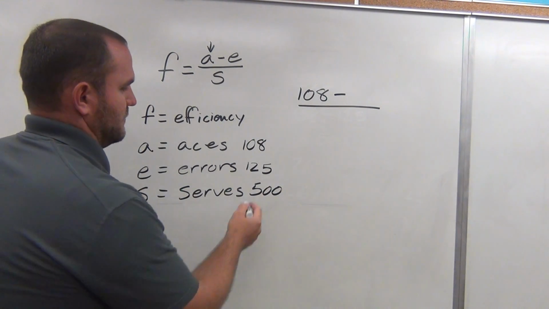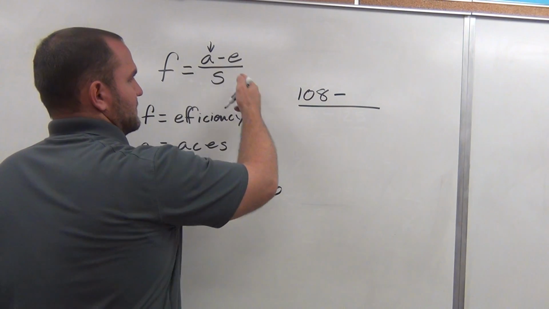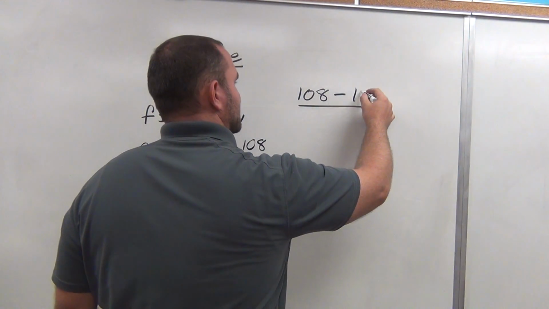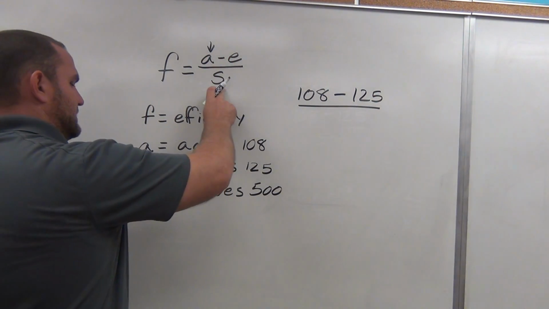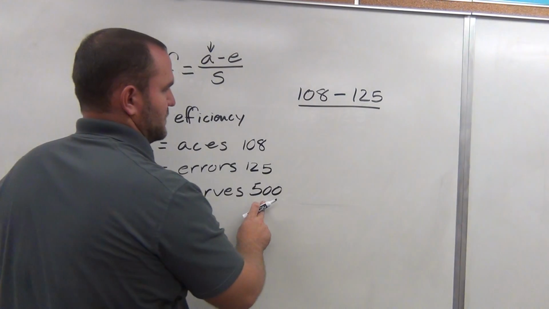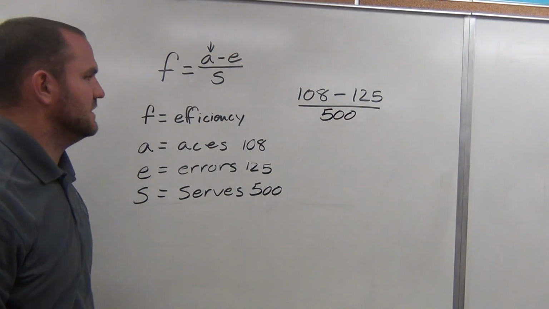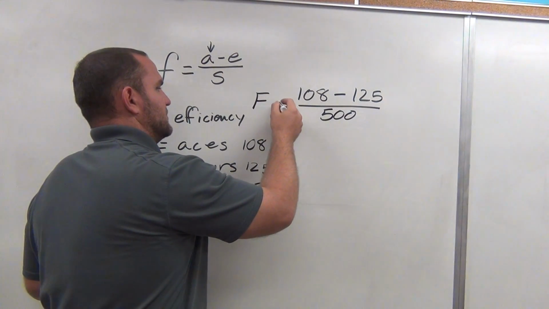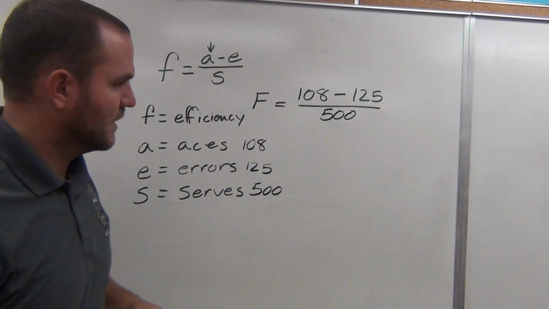We have a positive 125, but the negative is a part of the formula, and so it's going to be right there. This is going to be 125. Now, S represents serves, which would be 500. So we'll substitute out the S. So now we're still looking for this person's efficiency, or F. We're trying to find that answer.